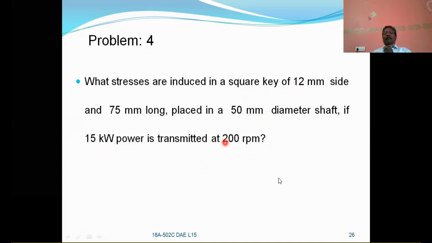Here the width of the key is given as it is a square key, thickness is also the same, W is equal to T is equal to 12 mm, and length of the key is L is equal to 75 mm, and diameter of the shaft is given as 50 mm. T is there for you, W is there for you, D is also there for you, L is also there for you. And the torque is to be calculated.